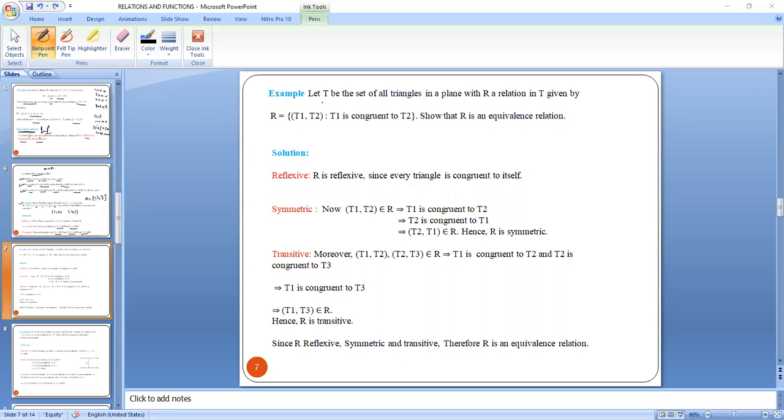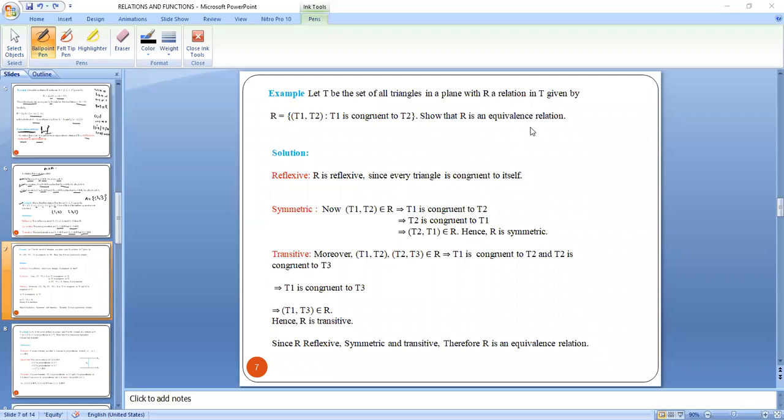Okay. Let T be the set of all triangles in a plane with the relation R in T given by R equals T1, T2 such that T1 is congruent to T2.